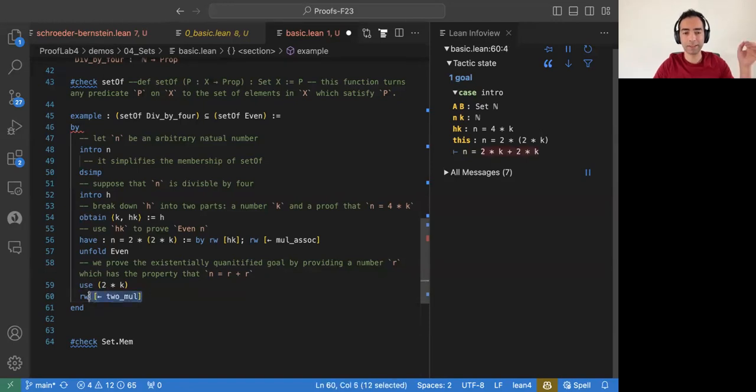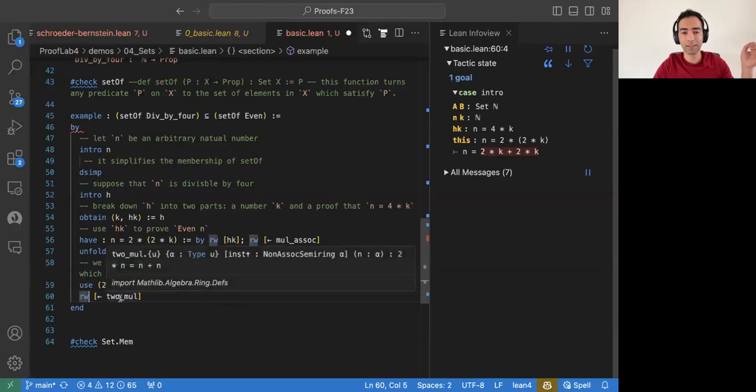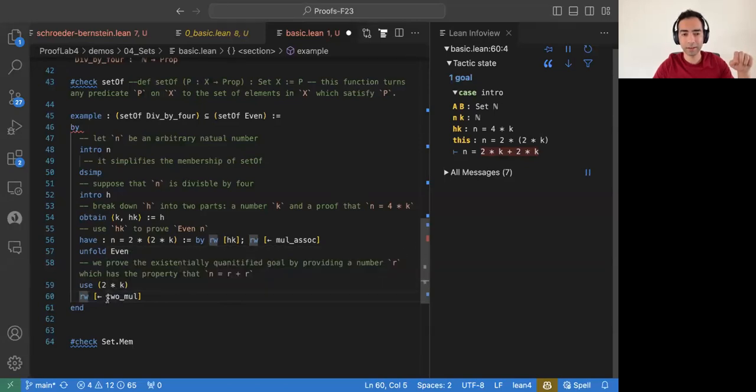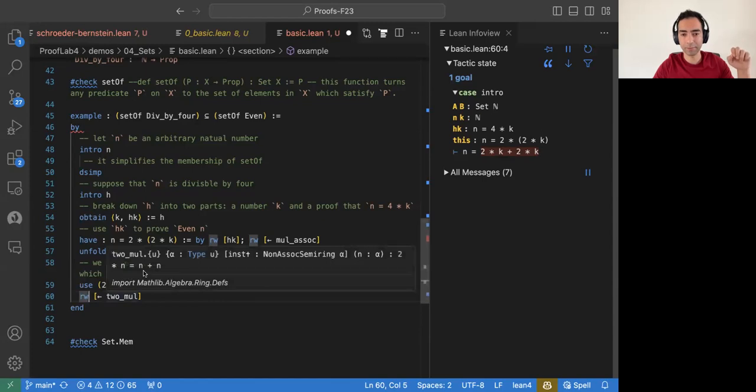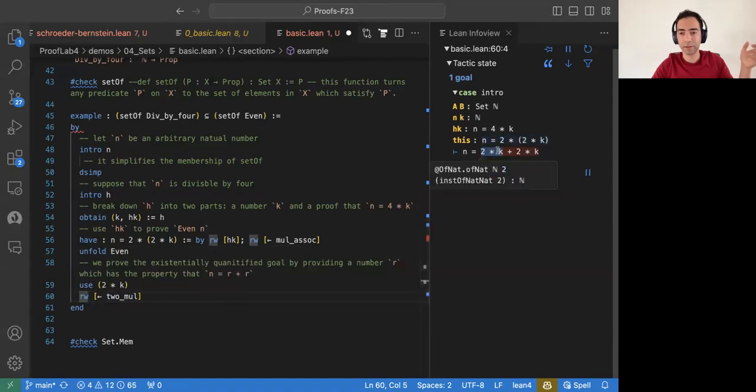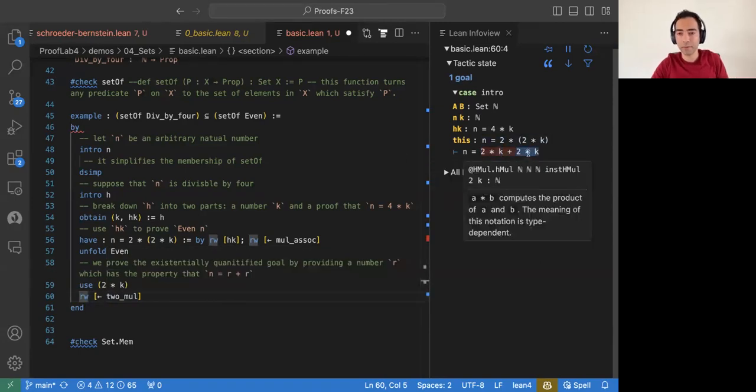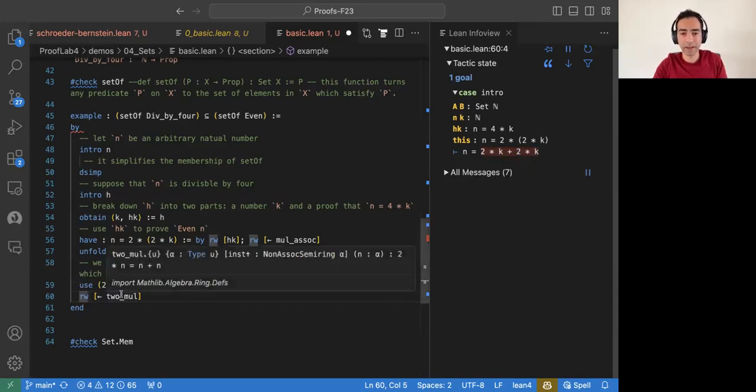Did I go over this step fast? So you see two_mul proves that 2 times n for any number n is equal to n plus n. Now, if you look at our goal, it also has n plus n for n being 2k, right? So it has the form 2k plus 2k. I want to replace 2k plus 2k by 2 times 2k. And if I rewrite backward along this substitution, it's exactly that. It replaces something plus something by 2 times something, but from right to left.